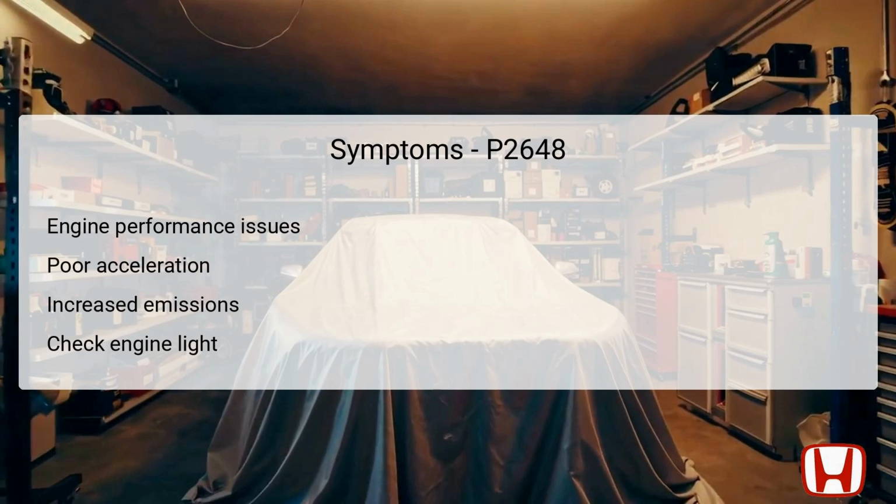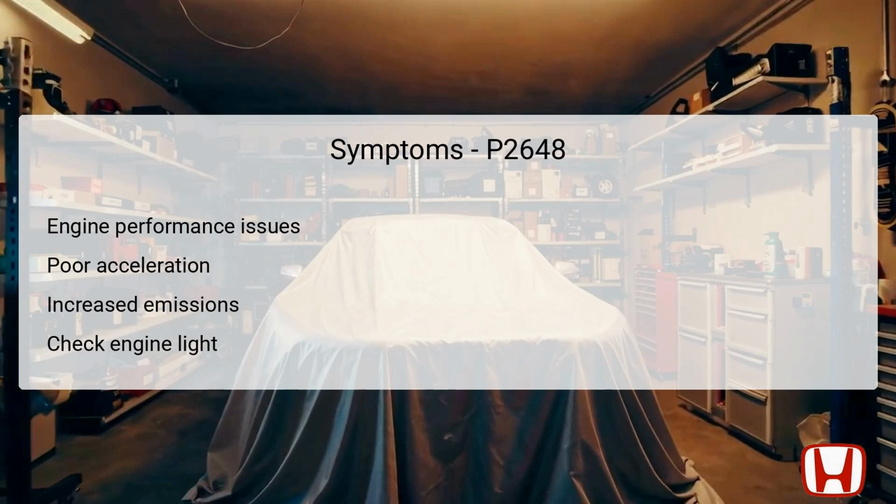When DTC P2648 is triggered, various symptoms can manifest, notably affecting engine performance. Drivers may experience poor acceleration, which can make the vehicle feel sluggish during operation. Increased emissions may also occur due to improper valve timing, potentially leading to failure during emissions testing.